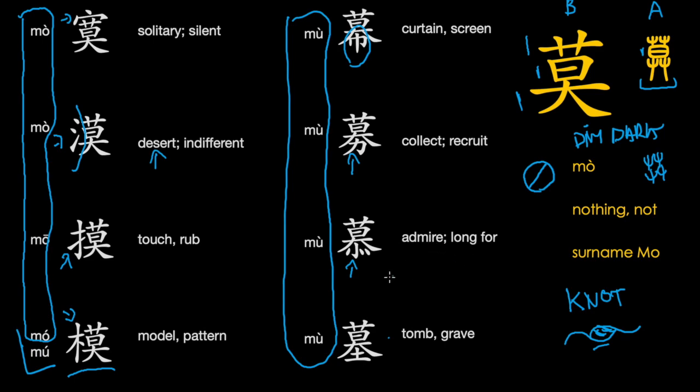So the element heart is pointing to the emotion to admire, to long for, in this character. And the last one, the character tomb or grave, the semantic element is tu, earth, soil. Again, a very clear link.